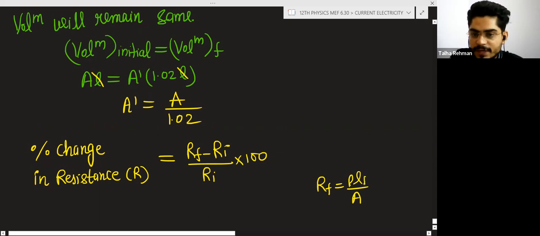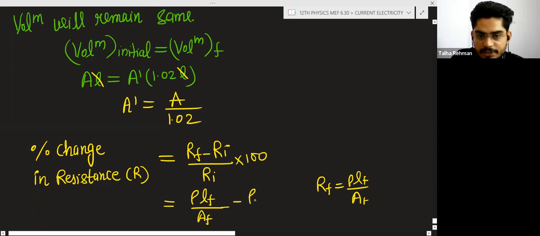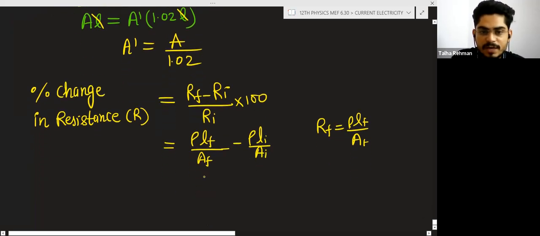So R final is rho L final divided by A final, minus R initial, rho L initial divided by A initial, and this is divided by R initial. I for initial, F for final. R initial is rho L initial divided by A initial.